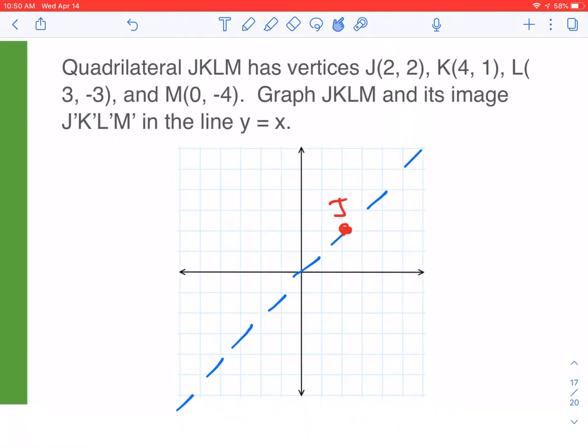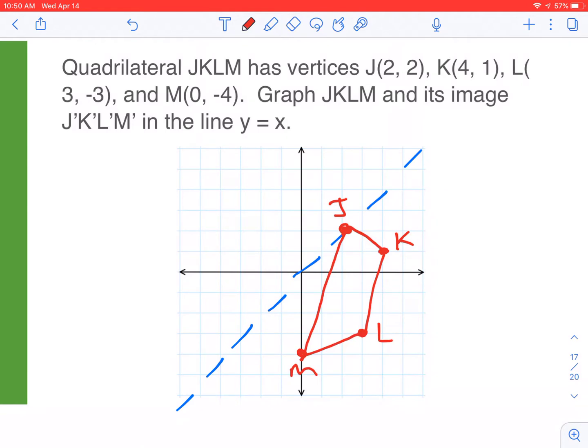I have K. I have L. 2, 3, 1, 2, 3. There's L. And then I have M. 0, 1, 2, 3, negative 4. So that's M. So here's my quadrilateral.